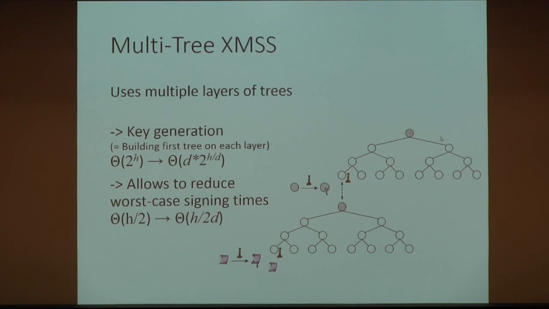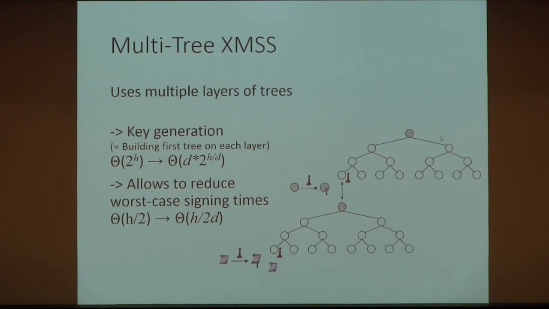So if you want to do something like height 60, so that you get this virtually unlimited number of signatures, then you wait forever. And there's an easy trick to get rid of this. You simply use these many layers of trees. And then in the beginning, you only have to compute the first tree on each layer.